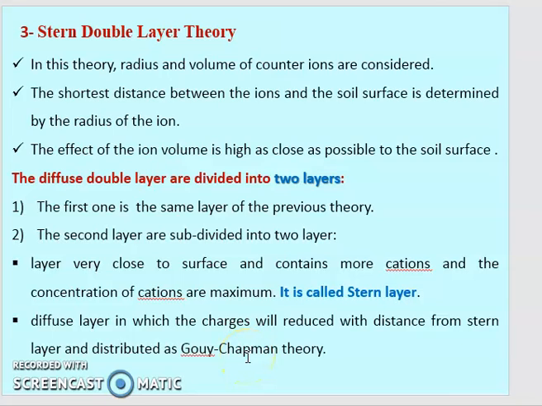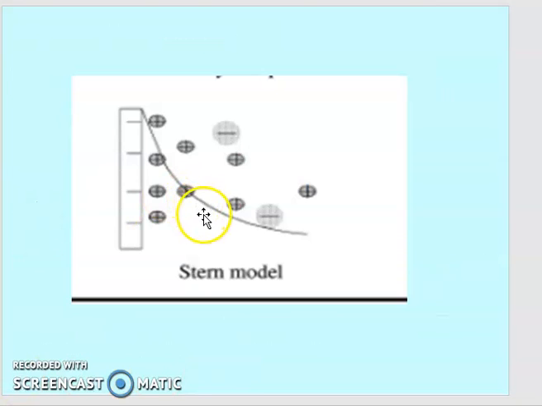As I told you, Stern theory takes into consideration both Helmholtz and Gouy-Chapman theory. This Stern, there is a Stern layer and a diffused layer.